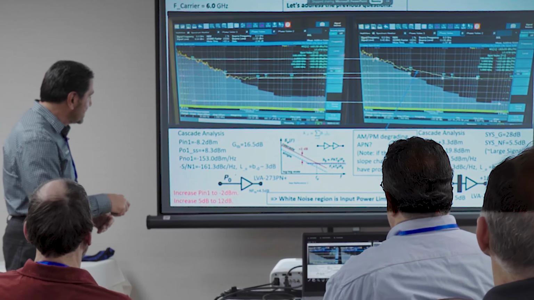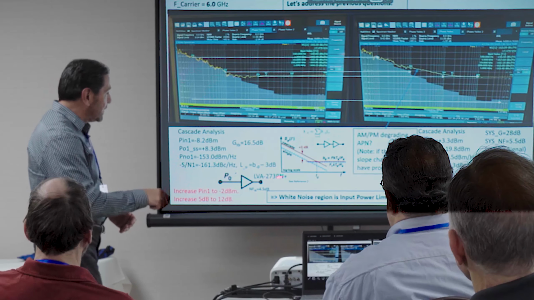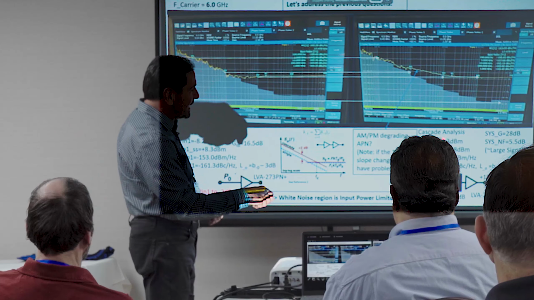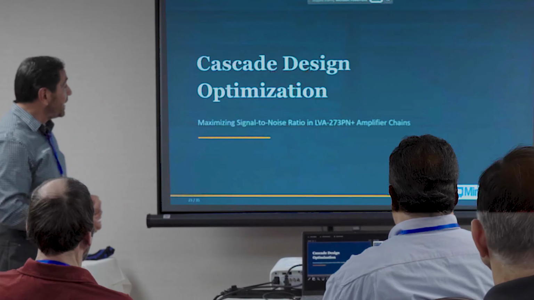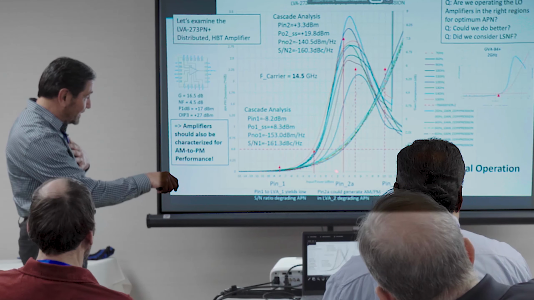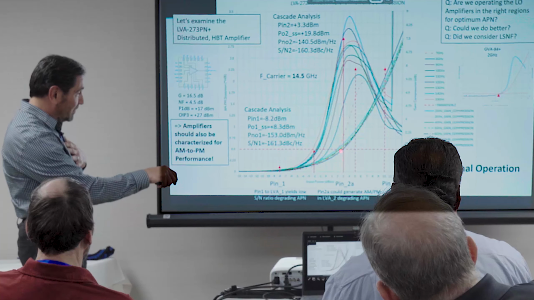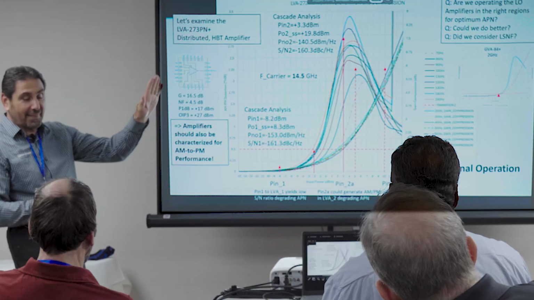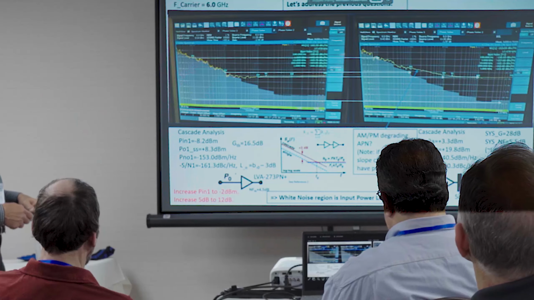And then you're going to pass this output at plus 8. We're going to put an attenuator, and we're going to drive into the next stage at about plus 3. Now, if we go back, plus 3 at 6 gigahertz is roughly the 7 gig point. It's not a bad point, but it's starting to climb up that AM to PM curve.